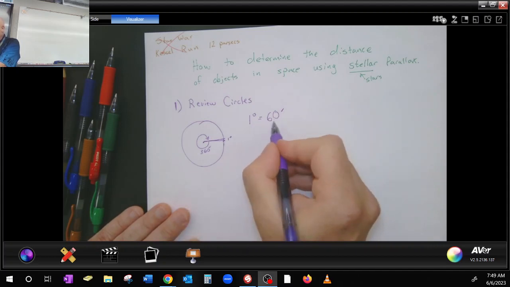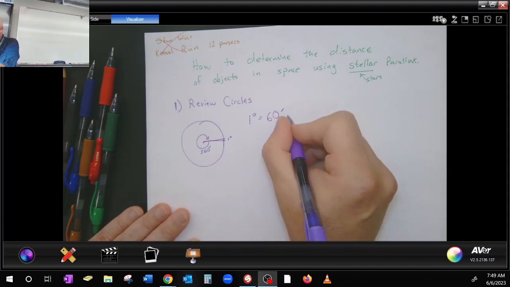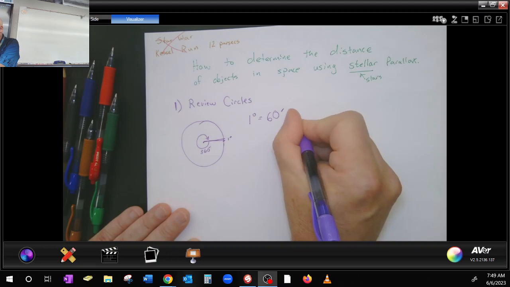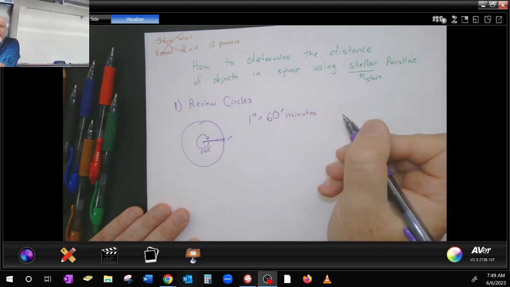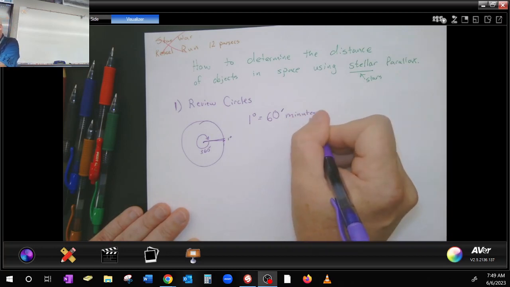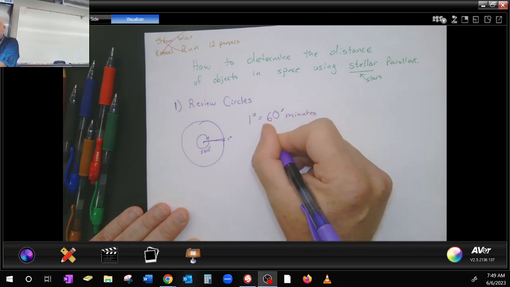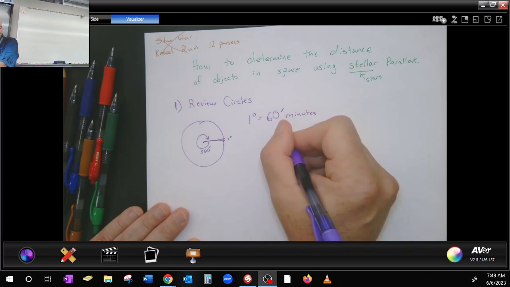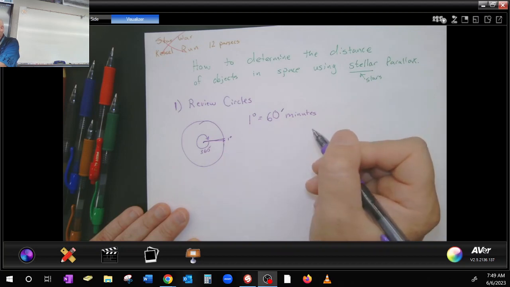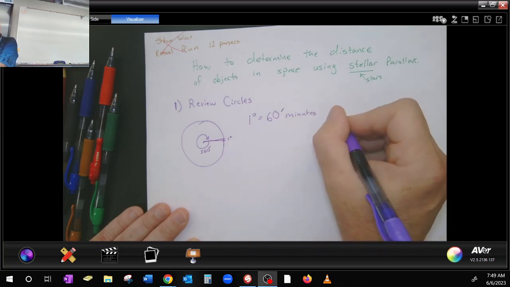So 1 degree broken down into 60 marks, that little tick mark means minutes. We're not talking about time, all right? A minute is a division of 1 degree. So 1 degree of a circle would be considered 60 minutes.